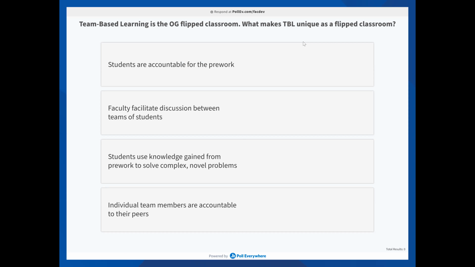Right. The individual team members, if they were only accountable to faculty, wouldn't care. But being accountable to their peers is important. And for that reason, because we've had some dysfunctional teams over the years, I've come to realize that team-based learning also requires peer evaluation.